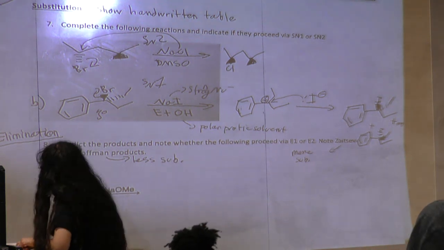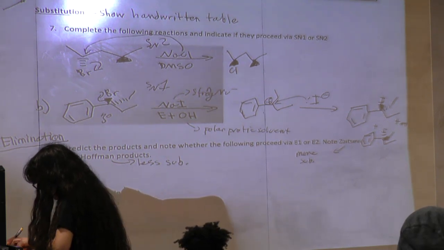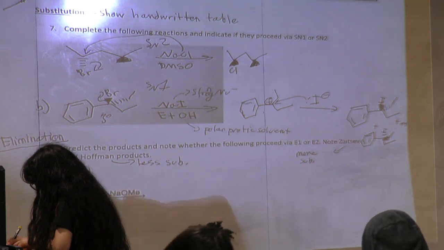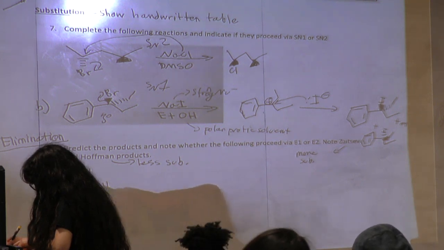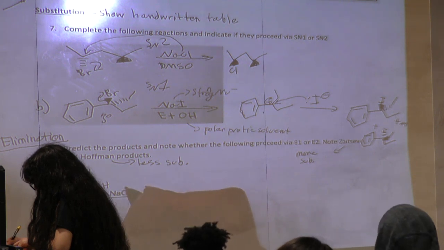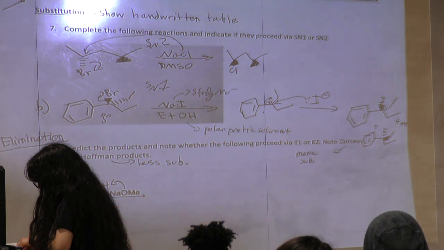But for now, we have A. What happens here is our chlorine is a good leaving group. We have a hydrogen hanging out right over here. Our O from our OMe is going to pick it off, and the hydrogen is going to form a double bond right there.